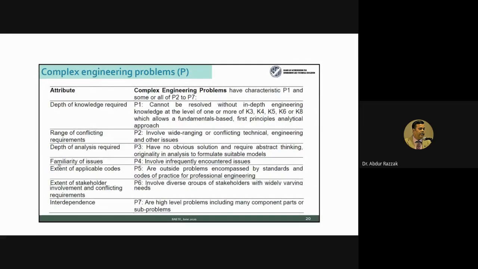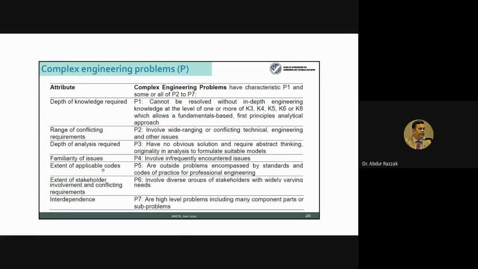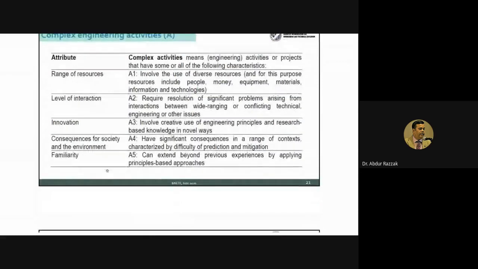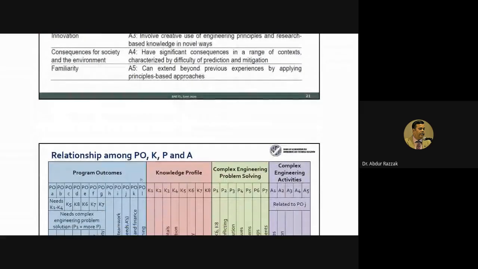P4 is the familiarity issues. P5 is extent of applicable codes. And extent of stakeholder involvement, and then interdependence. I'll discuss this with examples, and then I'll come to the knowledge activities.